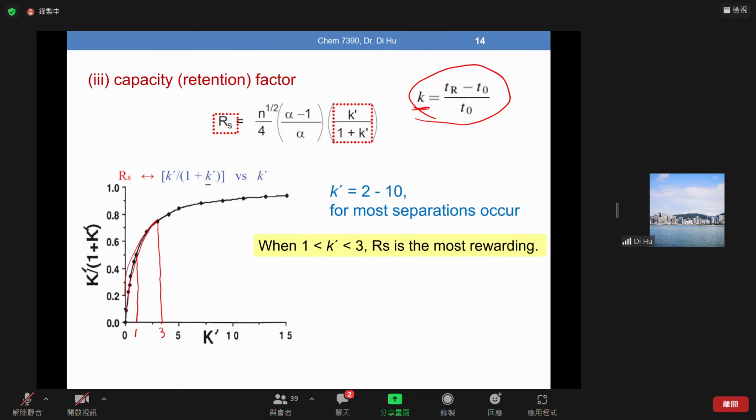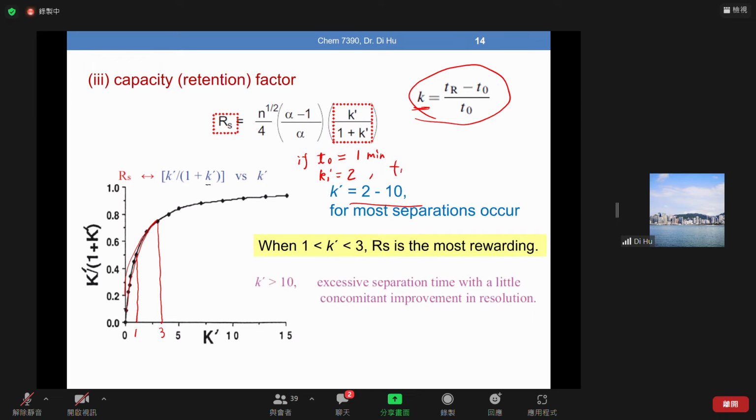So it just gives you an idea. In case you have t0 equal to 1 minute, this is where the solvent comes out. When you have a compound which has a k1 value equal to 2, what is the tR1?